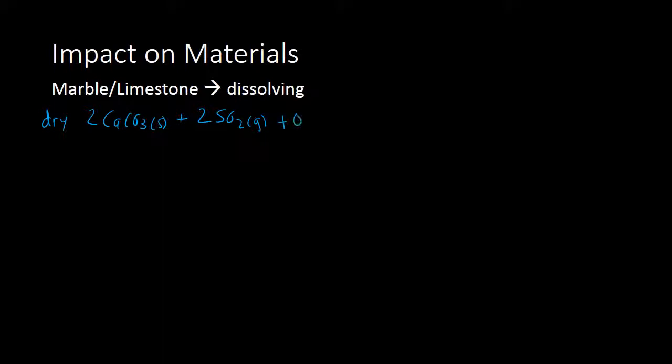And then, of course, oxygen is going to be present for oxidation to occur. That's going to create calcium sulfate and CO2. Bubbling actually occurs when you put an acid onto these. So that is one way. Because there's going to be moisture around, this is going to occur.